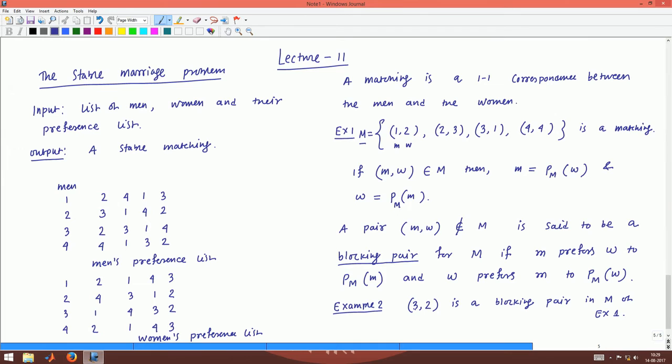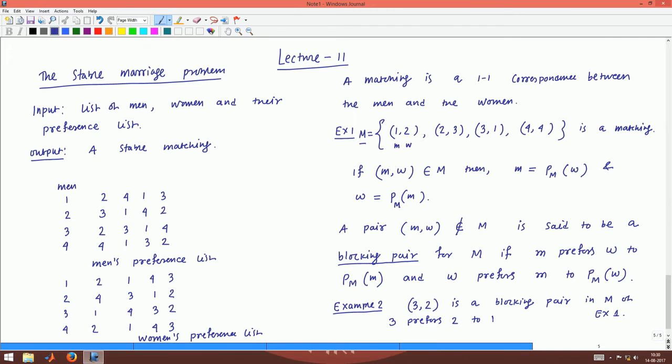In the matching, man 3 is matched with woman 1, and man 3 prefers woman 2 more compared to his matched partner 1 in M. Man 3 prefers 2 to his matched partner 1.